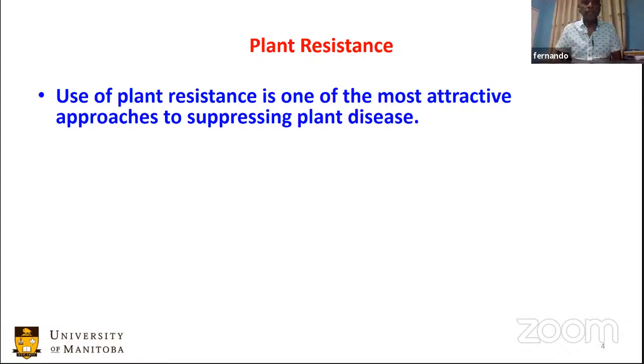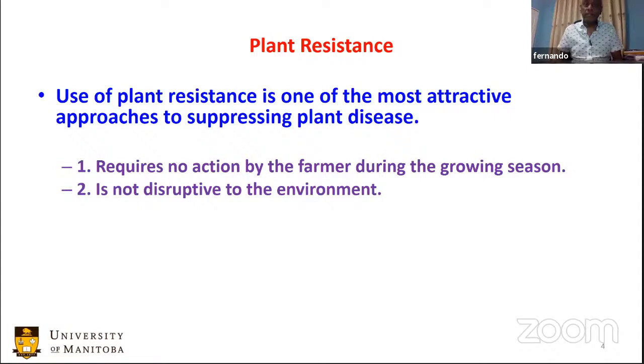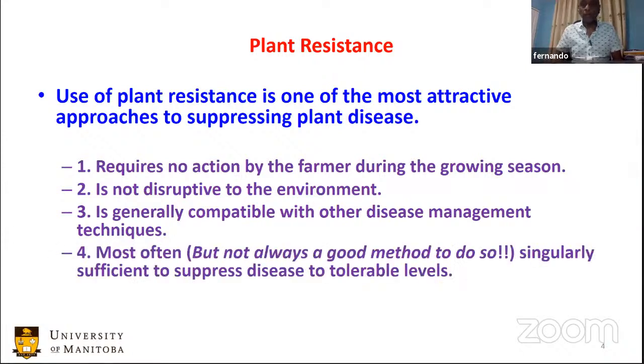For example, if a farmer owns 2,000 acres, the application of fungicides and other methods might take a lot of time, energy, and money. Plant disease resistance requires no action by the farmer during the growing season, is not disruptive to the environment, is generally compatible with other disease management techniques, and most often, but not always, is a very good method to singularly suppress plant pathogens.